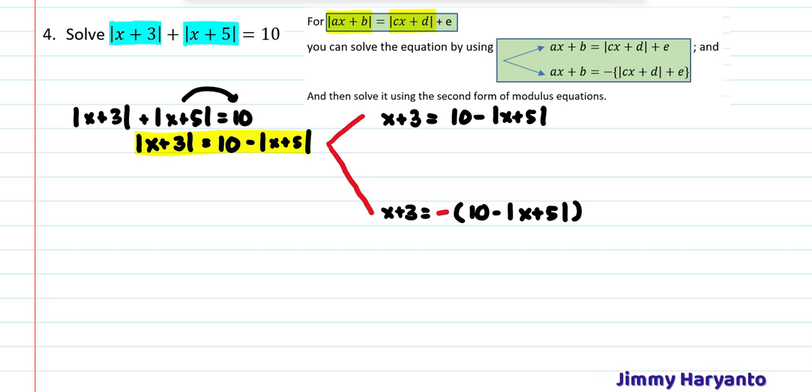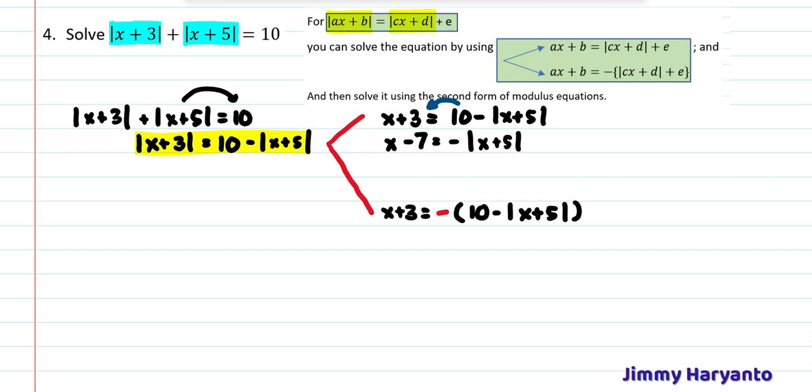And then later you have to move the 10, so we will have only the modulus of x plus 5 on the right hand side. So you move the 10 first, it will become x plus 3 minus 10, which becomes negative 7, equals negative absolute value of x plus 5.